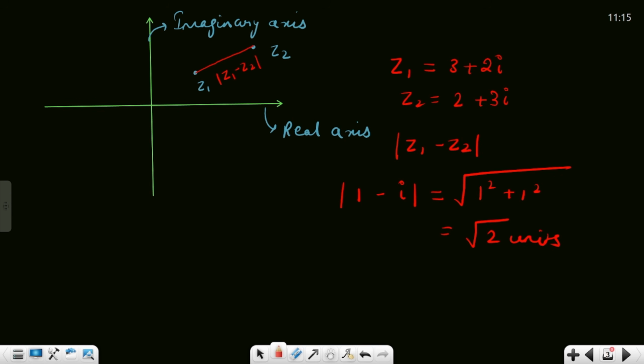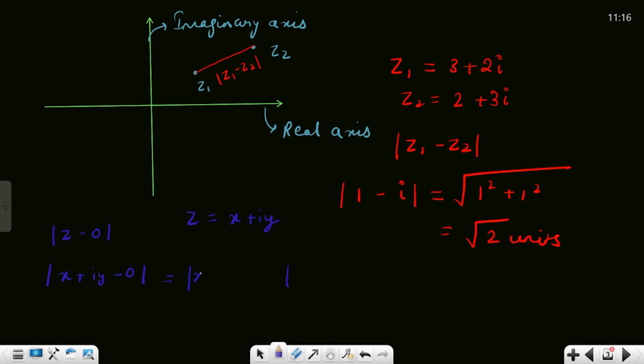Now one thing I can show you is that previously I have written modulus z as modulus of z minus 0. Let z be any complex number x plus iota y. So z minus 0 is x plus iota y minus 0.